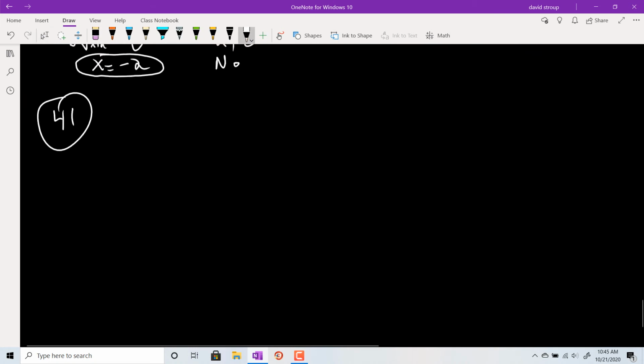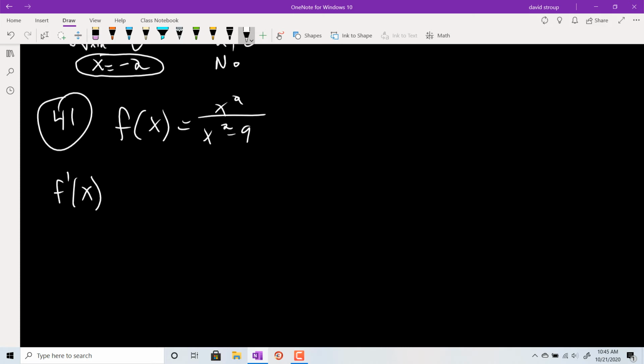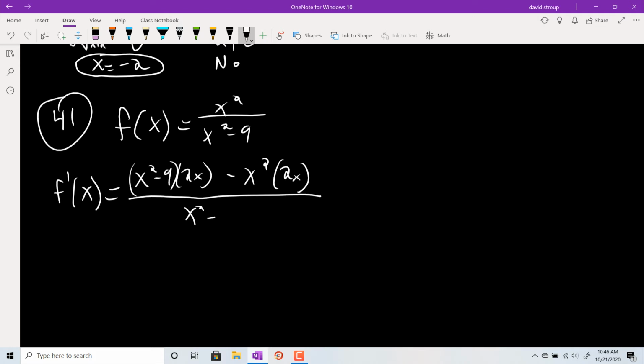Problem 41. f of x is x squared all over x squared minus 9. And low d high minus high d low. So low times the derivative of the high minus high times the derivative of the low over the low squared.